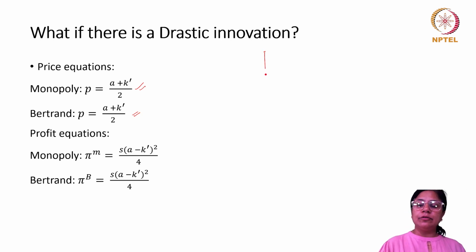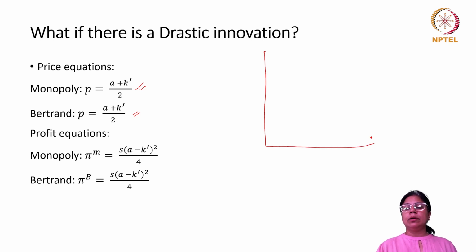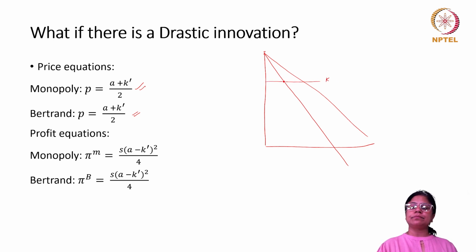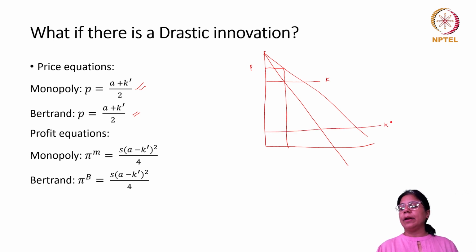Why? Just to give you a brief recall, suppose we had an equation like this, and we have a cost here, let us say, and as a result, the firm will charge this price. Now this price is higher than the marginal cost of production, K. On the other hand, if you have an innovation which brings the cost down to K prime, then based on marginal revenue being equated to marginal cost, the firm will decide how much output to produce.